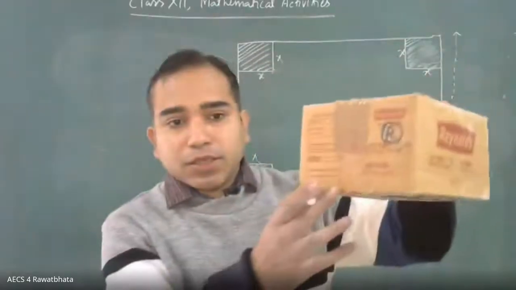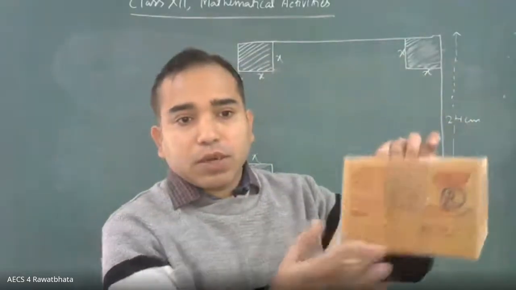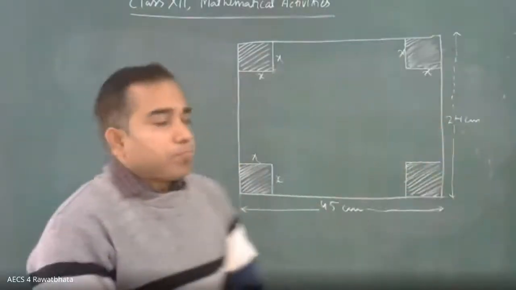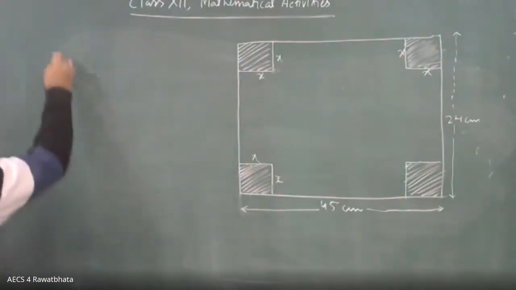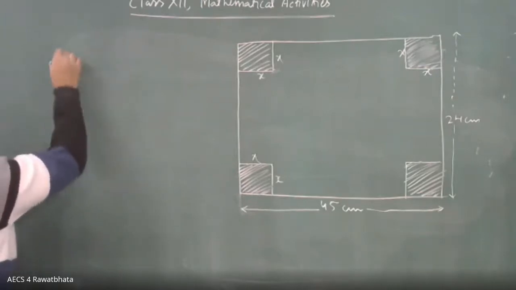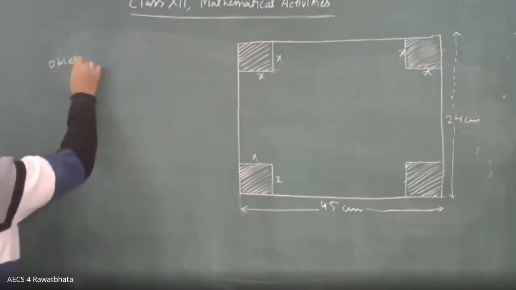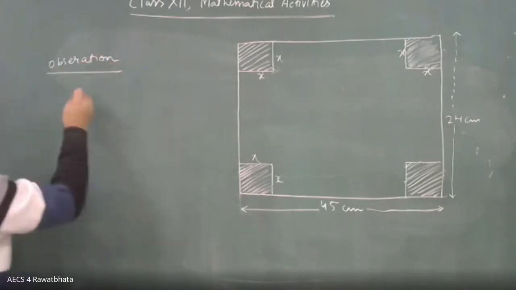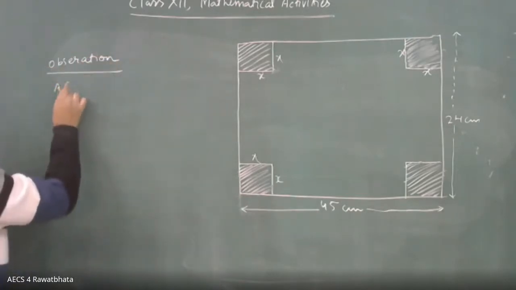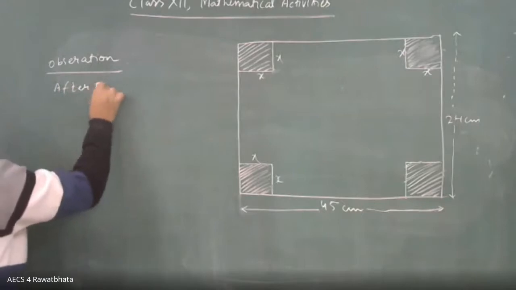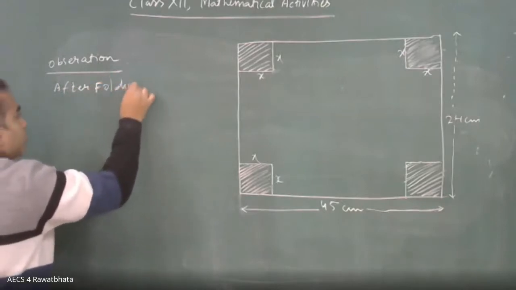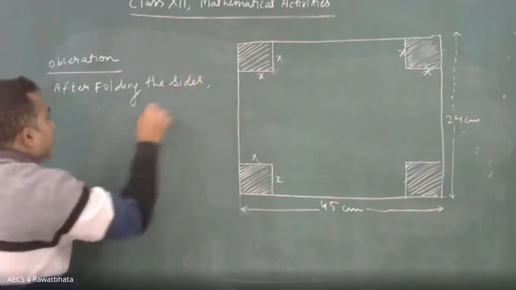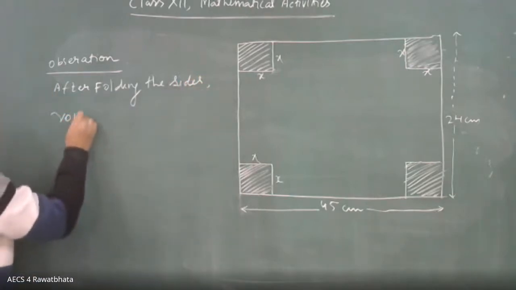This is the box, you know, open from the top. Then something like this you can write in the procedure. Then observation: after folding, the sides, volume of box.